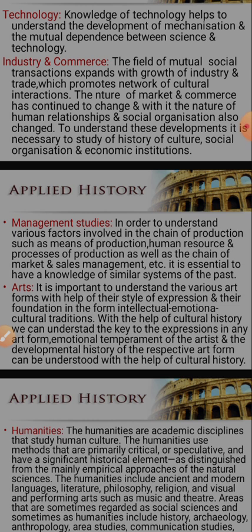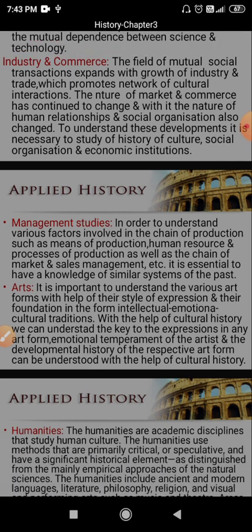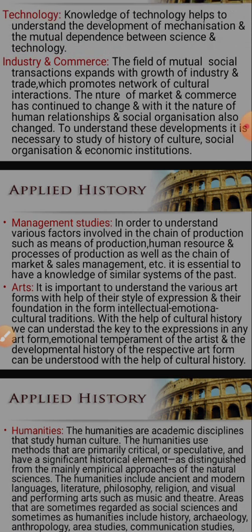Those countries which did not have good relations for so many years now have good relations in terms of trading. And because each one is dependent on each other, there is interdependence. We have already studied interdependence. Now we need to understand how culture, social organization, and economic institutions have changed.